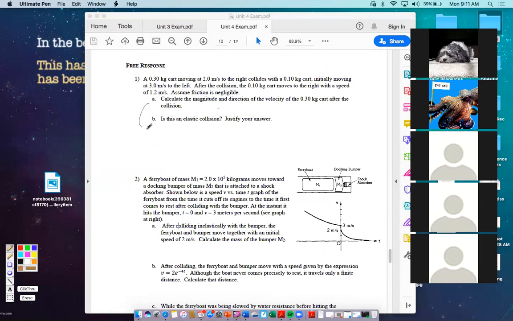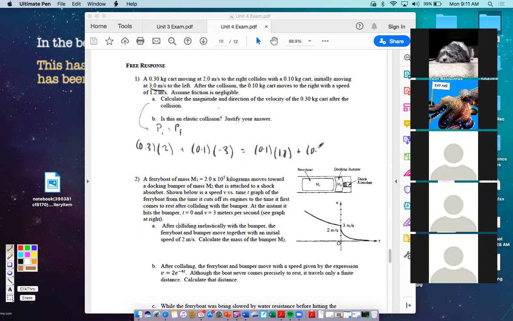So for part A, I want to do a conservation of momentum. PI equals PF. So I know I have this 0.3 kilogram cart moving to the right at 2 meters per second. It collides with a 0.1 kilogram cart moving to the left, so -3. After the collision, the 0.1 kilogram cart is moving to the right with a speed of 1.2.